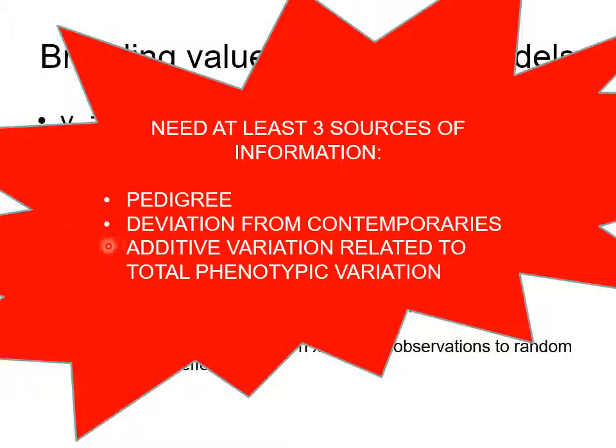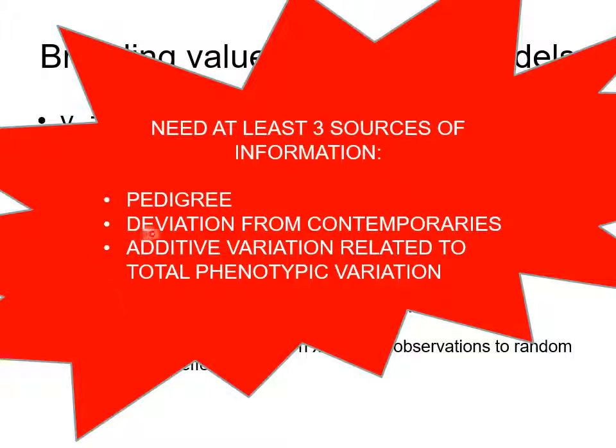The second source we've spoken about is a deviation from its contemporaries. If we use the weaning weight example again, the 10 kilograms difference, let's say an animal weighed 210 kilos and the mean of the contemporary group was 200 kilos, so that difference, that plus 10, is more important than the average weight. And then we also need, as a third source of information, the additive variation related to the total phenotypic variation, and that is, in simple terms, the h-squared, or the heritability of that specific trait.